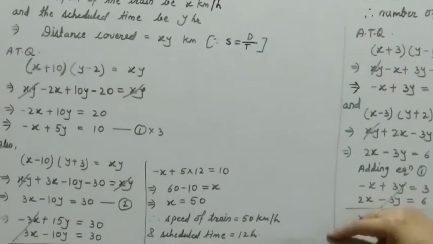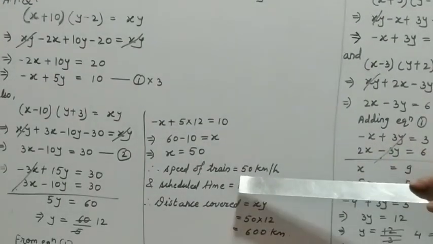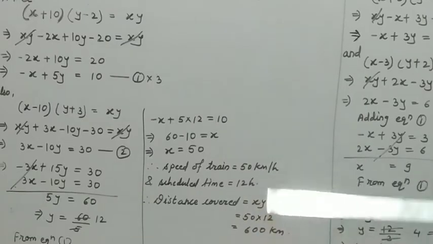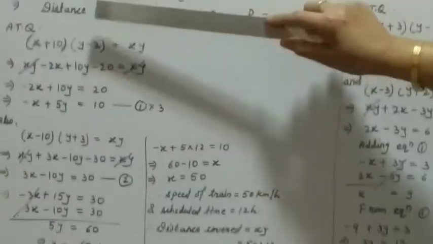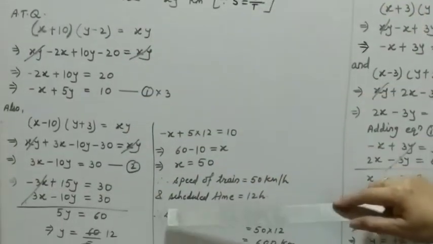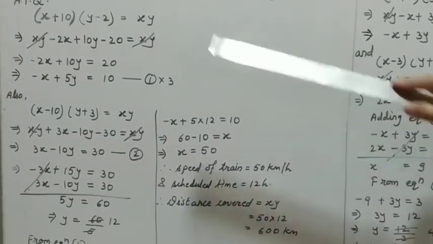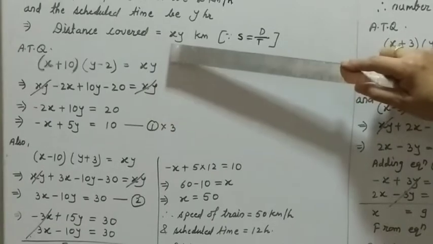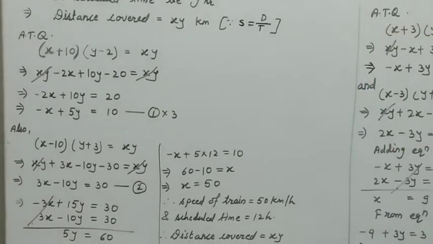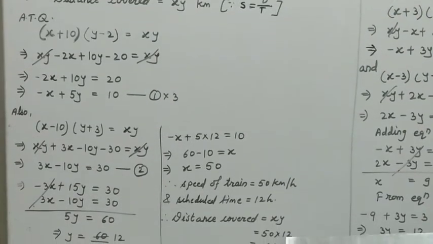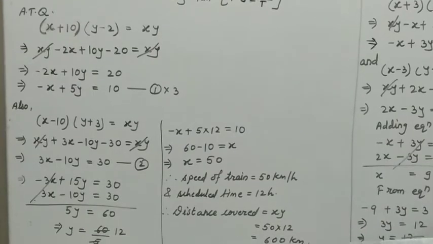That means the speed of the train will be 50 km per hour. And y is the scheduled time, and therefore the scheduled time is 12 hours. Therefore the distance covered, which is equal to x into y, will become 50 into 12, that is 600 km.